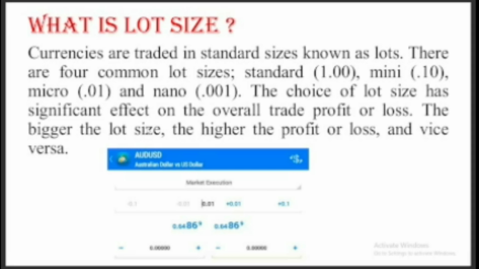The smaller your lot size, the smaller your profit if the trade goes in your favor, and the smaller your loss if it doesn't. In the diagram below, we have columns for standard, mini and micro lots, but not for nano. That is what I'm saying: most brokers don't offer nano lot size. You will see it on synthetic indices like the volatility index on Deriv.